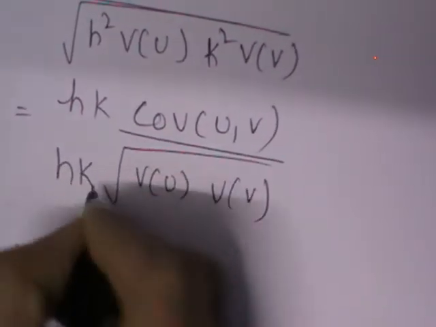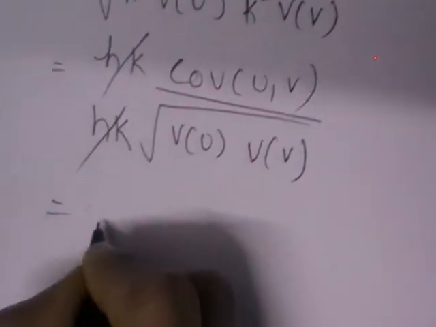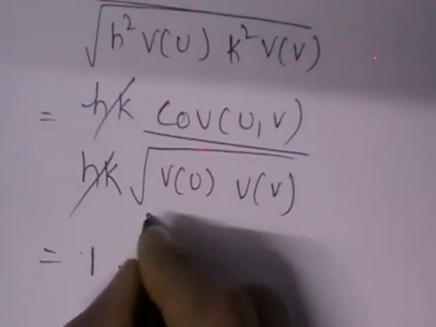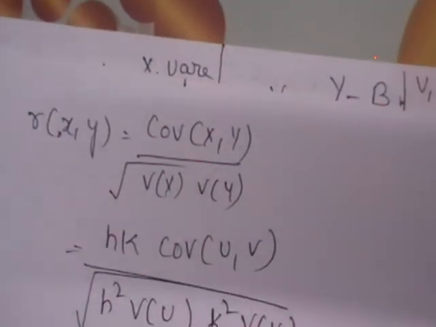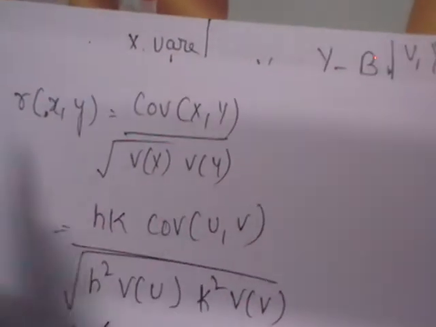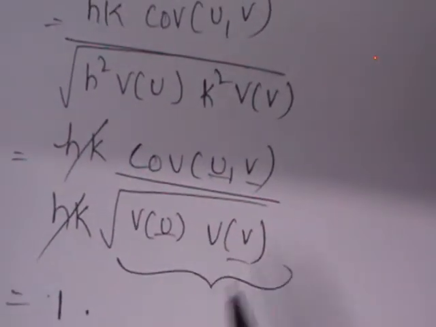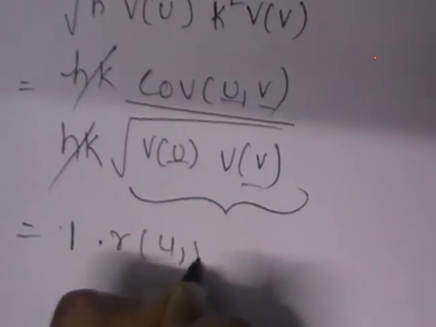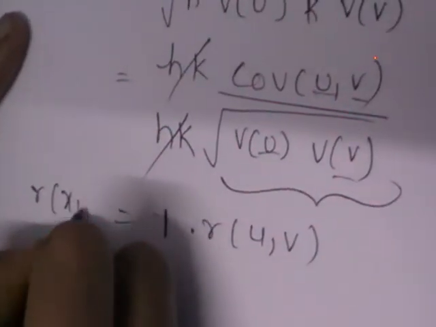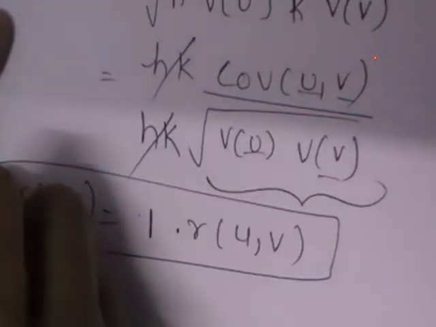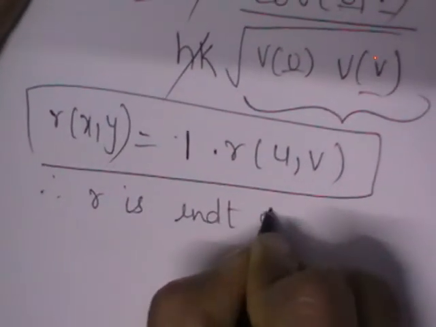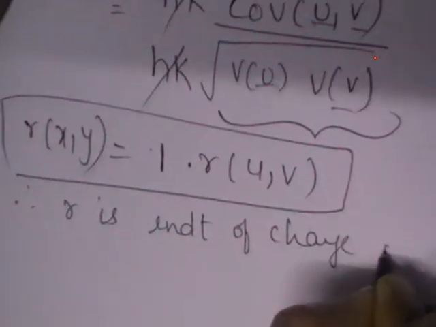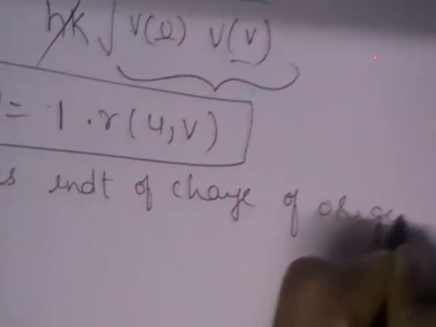Here also you have hk, which cancels, so you get 1 into this entire thing. As r of xy is defined as covariance of x comma y by standard deviation of x into standard deviation of y, in place of x comma y you have u comma v, so you can write that as r of u comma v. So you got r of xy is equal to r of uv. We can say that r is independent of change of origin and scale. Thank you.